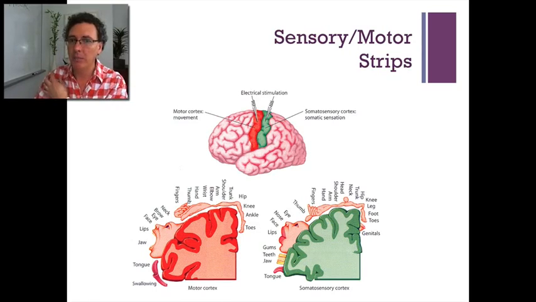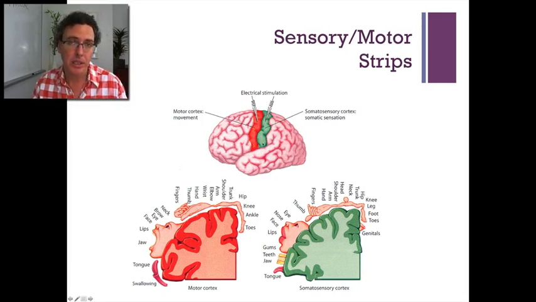And when you stimulate a part of the body related to that specific part of the brain, you will see an electrical signal. And so by moving the probe around and touching different parts of the body, you can essentially map this somatosensory cortex and find out exactly what parts react to what parts of the body.